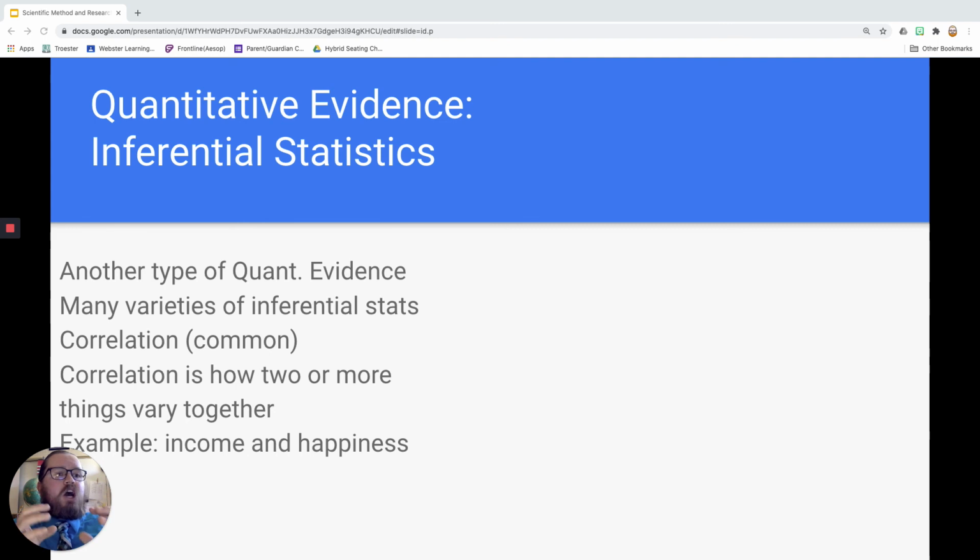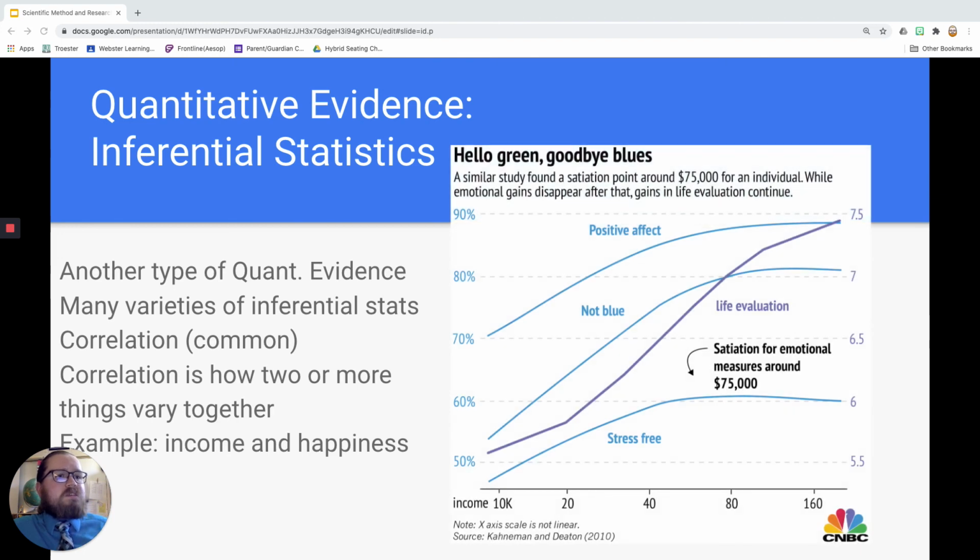We want to know the correlation, how these two things vary together. And what we can see in this graph on the right-hand side of the screen is that as income goes up, what we can see on what's called the x-axis here, happiness, the y-axis, goes up. So the more money, the happier.